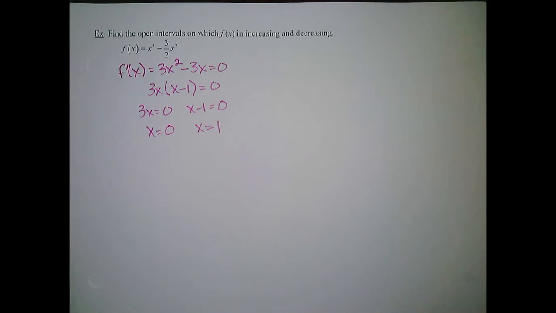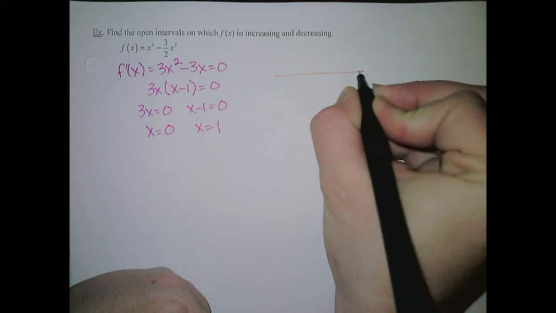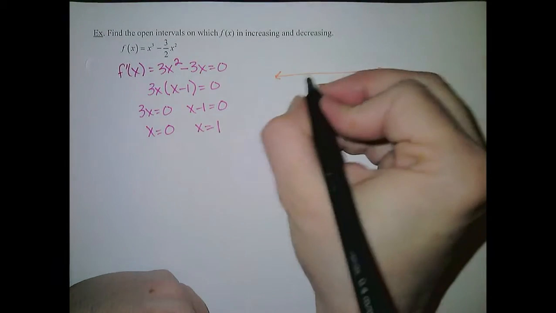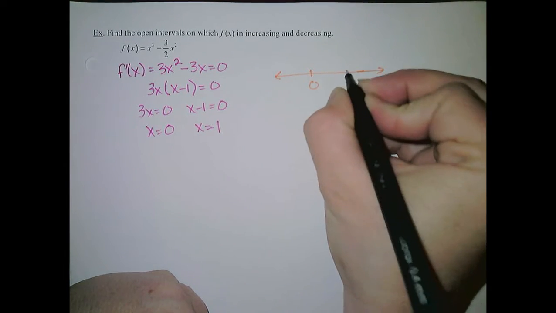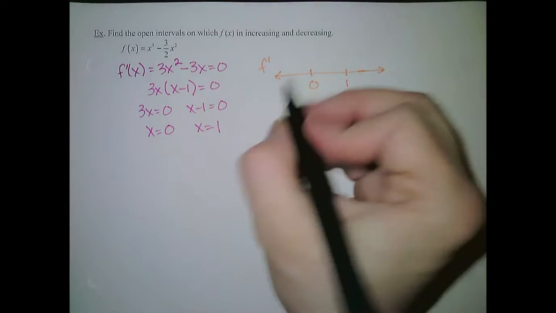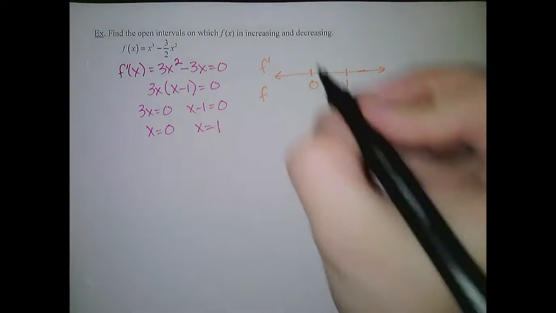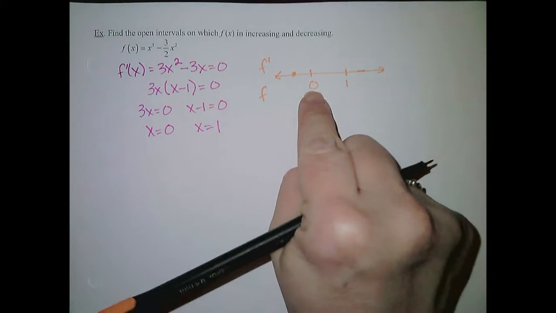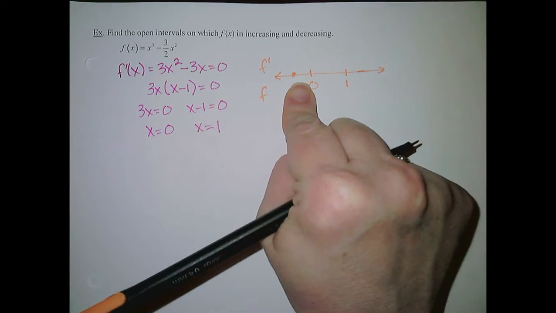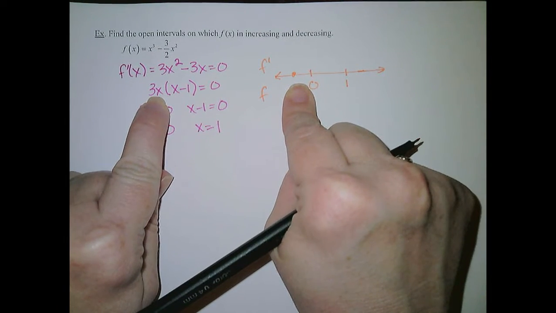So now we can use those critical numbers and we can check the sign of the first derivative on either side of those critical numbers, and that's going to tell us, based on the sign of the first derivative, where our function is increasing and where our function is decreasing. So if I plug in a value that is less than 0, a negative number, then I'm going to have 3 times a negative number here.